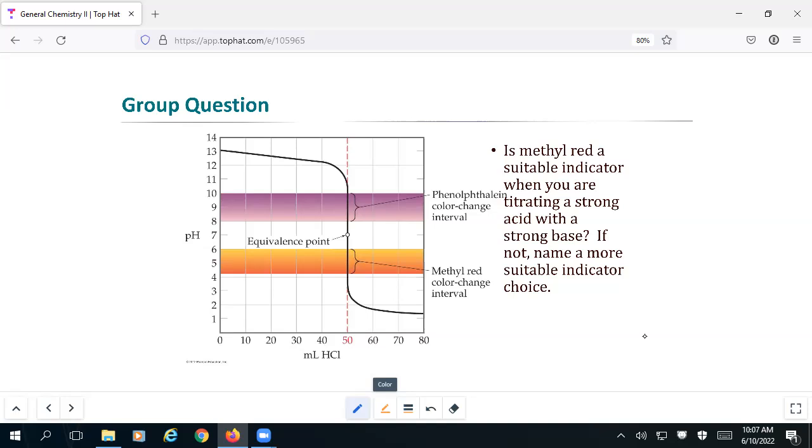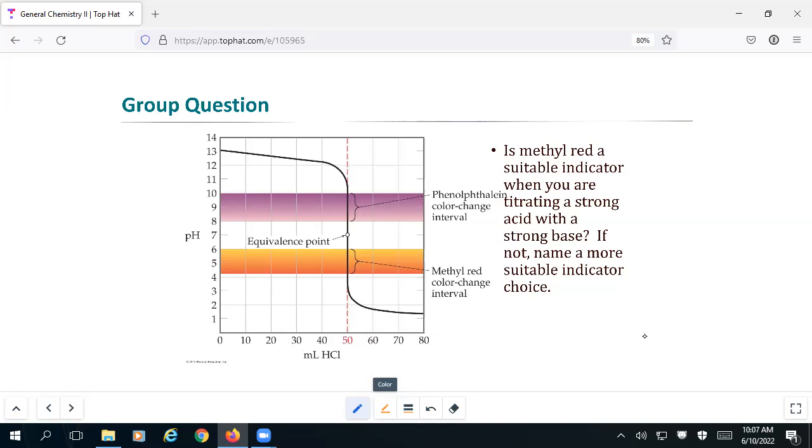Just give me a show of hands here. How many of you think methyl red would actually be a useful indicator in this circumstance? Okay, I've got 2 positive and 1 kind of okay, sure.